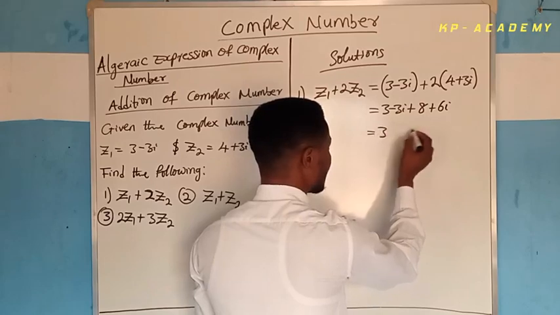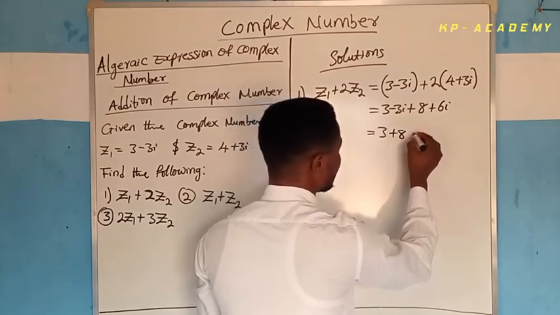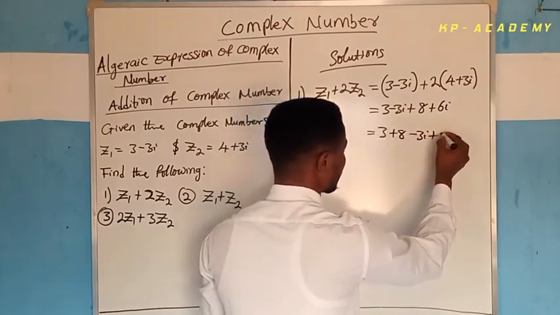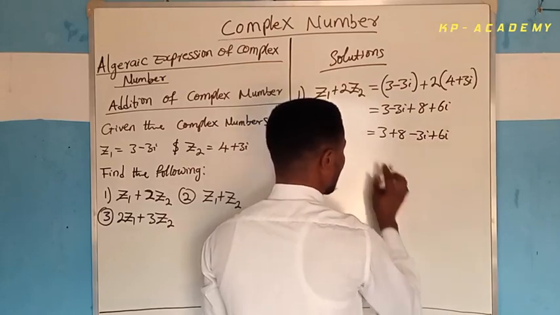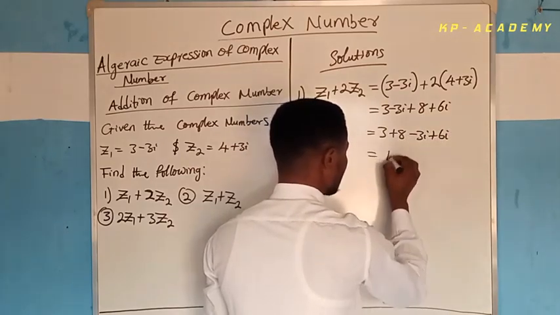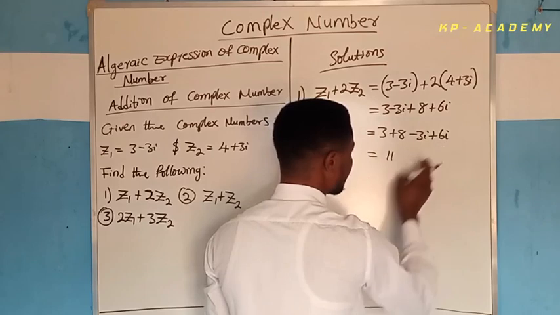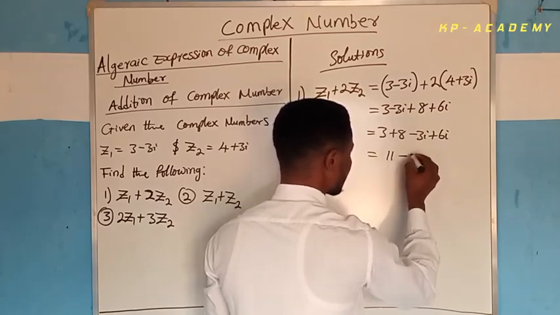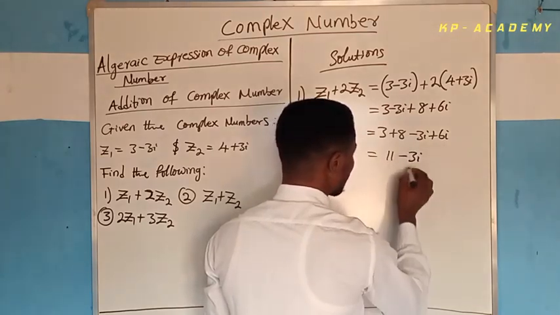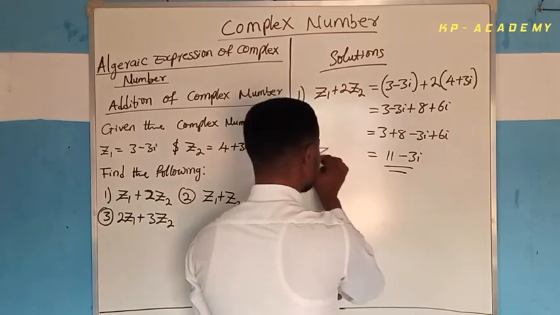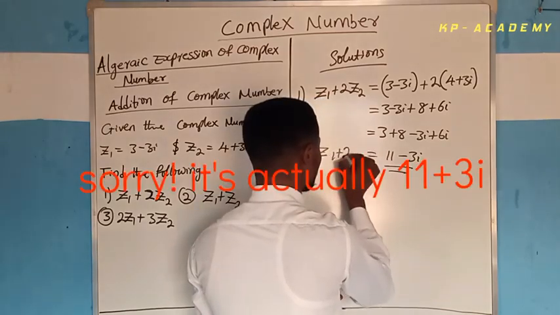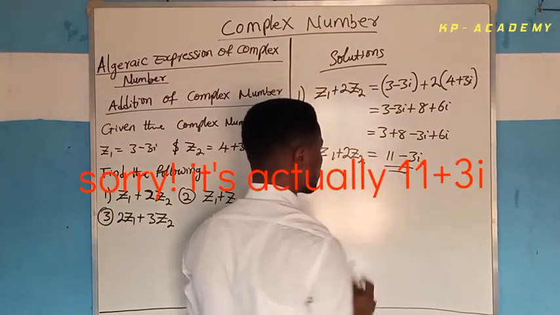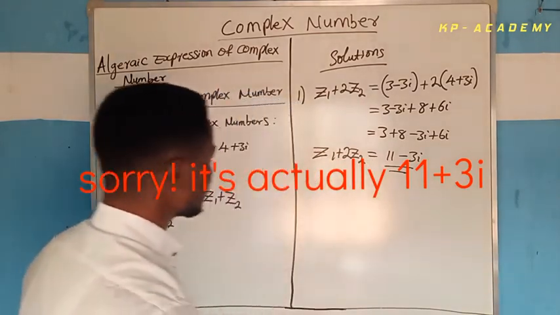So we have 3 plus 8 minus 3i plus 6i. 3 plus 8 is 11, then minus 3i plus 6i is 3i. All right, so this is the answer. Therefore, z1 plus 2z2 is equal to 11 plus 3i.